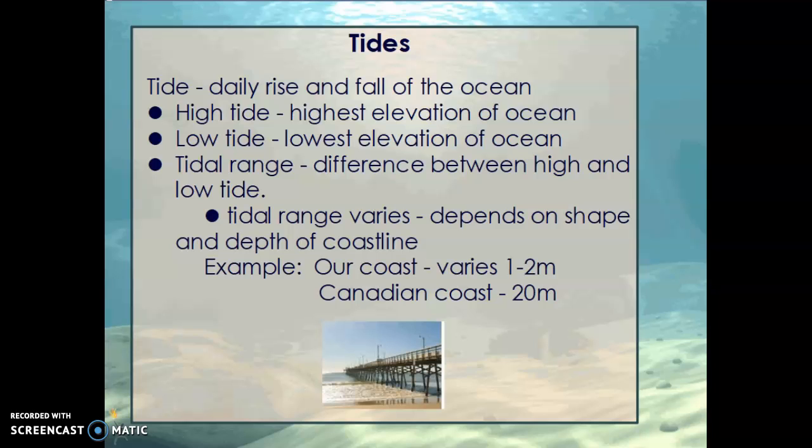But on the Canadian coast, it can be as much as 20 meters, about 60 feet, because of the shape of their coastline. So that's a big difference between high and low tide, and it depends on where you are, the shape of the coast, the depth of the water, and all that to determine the tidal range.